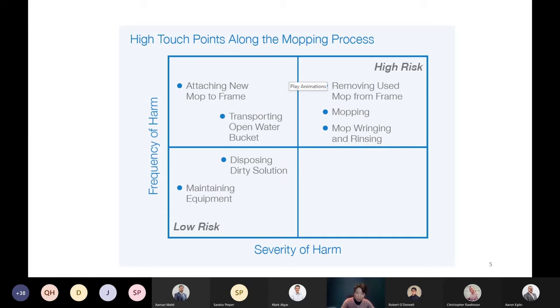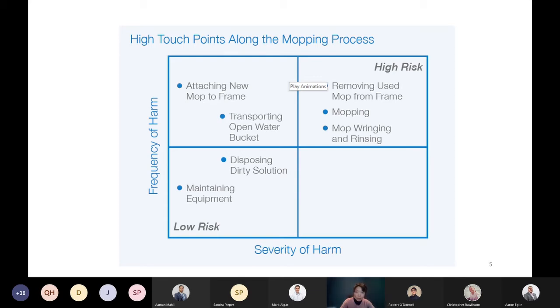And then we plot those high-risk points along this matrix to understand what are the tasks that represent the highest risk. As you can see from this chart, if you look at the top right quadrant, which represents the highest risks, there are a few tasks that are really high risk.